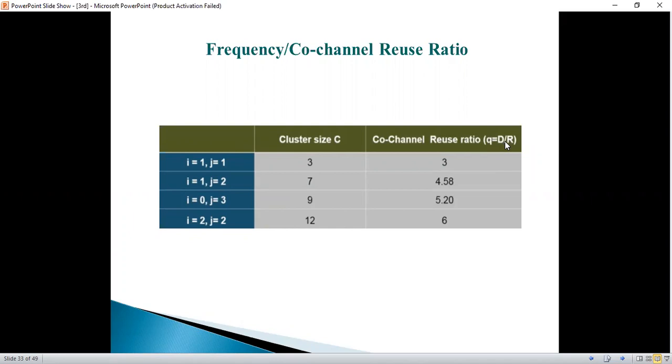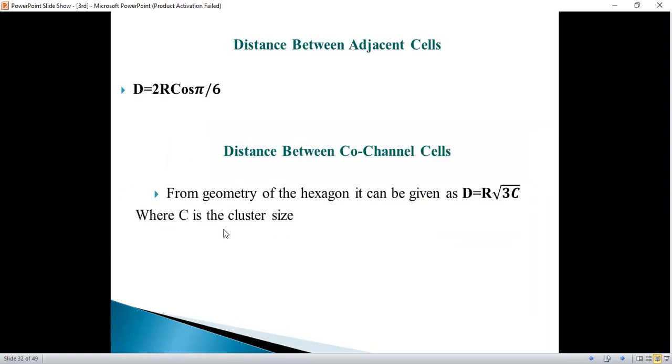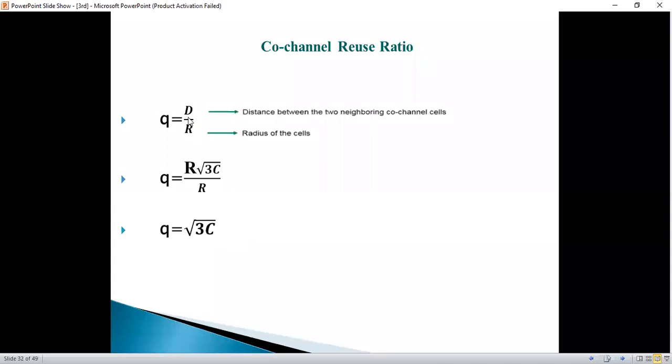Okay, students? Ma'am, will the value of the radius be given to us? Yes, actually you will not need the radius. Ma'am, to find D it will be needed. To find what? D, distance. Beta, if you can see in this one, what is D? D is R under root 3C.